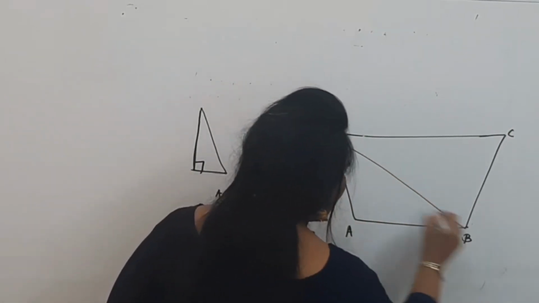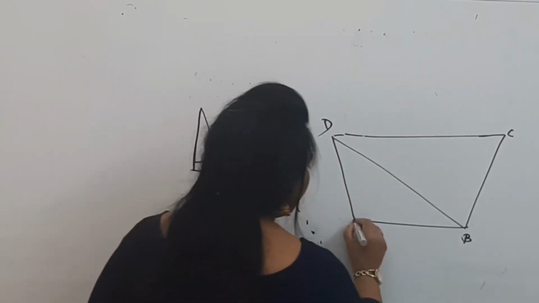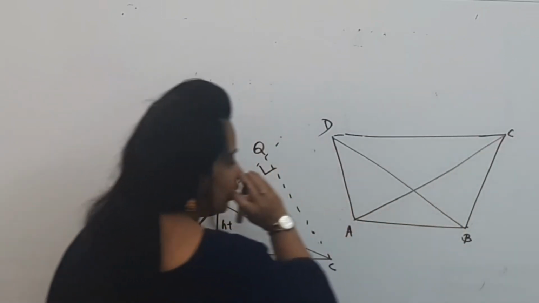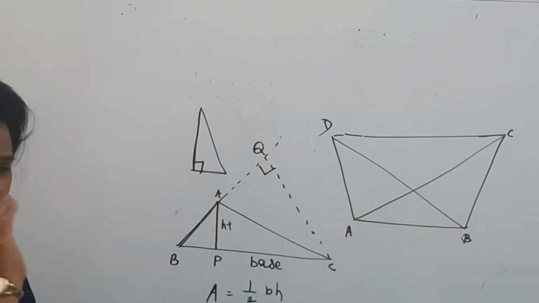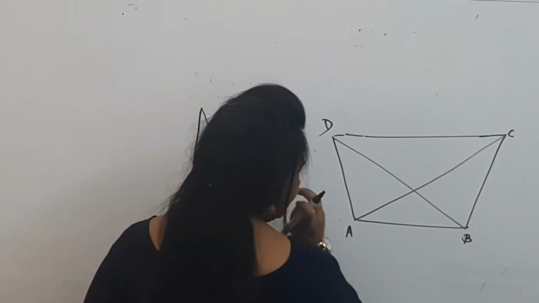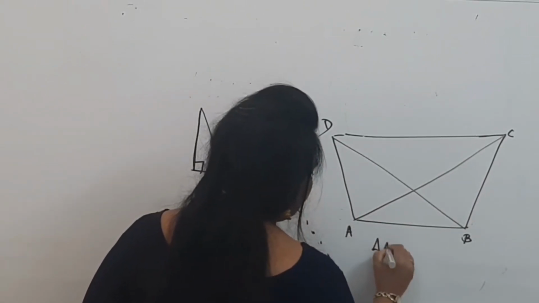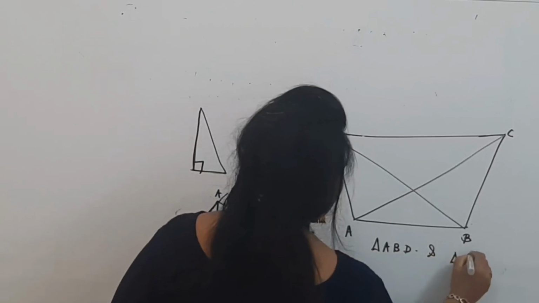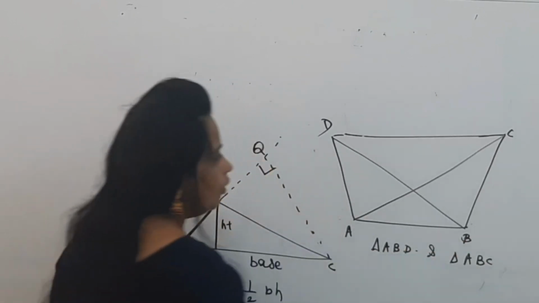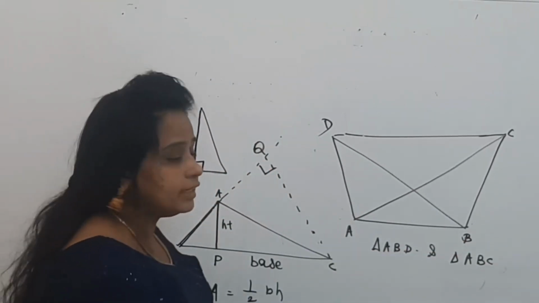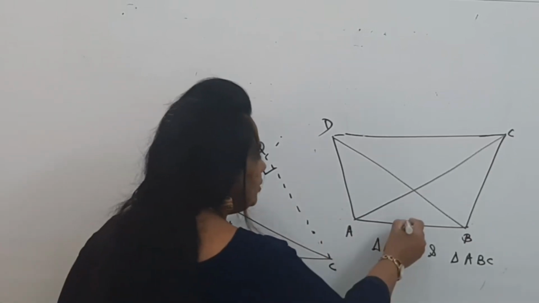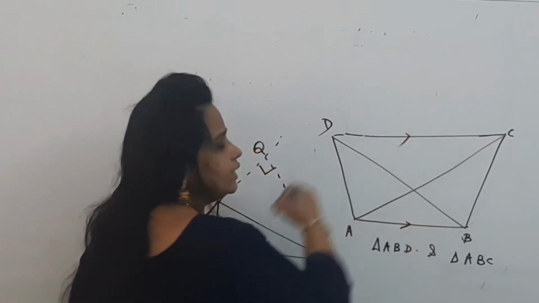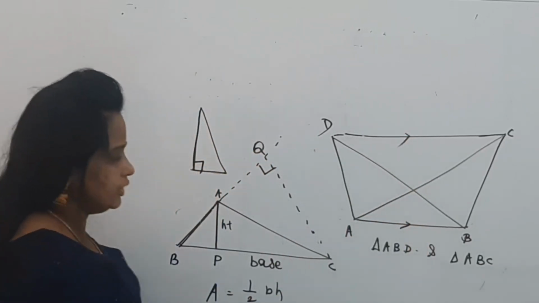I can draw the diagonal and divide this quadrilateral into two triangles. That is, one triangle is triangle ABD and another triangle is triangle ABC. Now, you know that this quadrilateral is nothing but a trapezium. That means AB is parallel to CD.